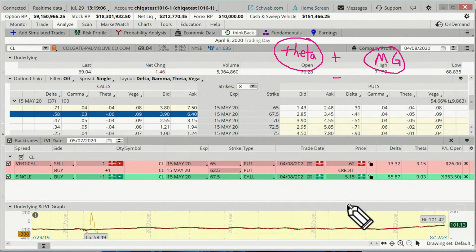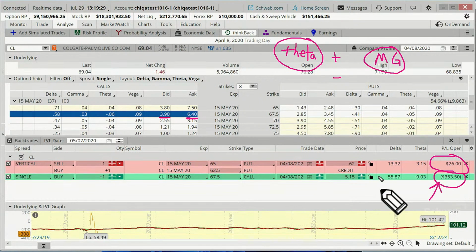Now, in this case, I suspect the biggest issue, you can see here, was our short put vertical, where we actually made a little money. Time decay helped us out. Here, we're actually losing a fair amount of money. I suspect that's driven more by the spread than anything else, but time decay would be hurting us there.